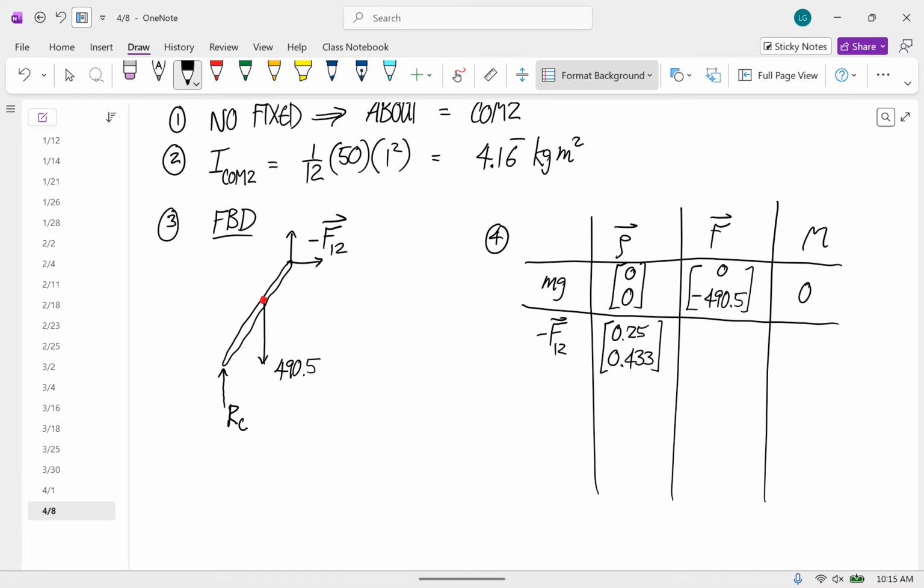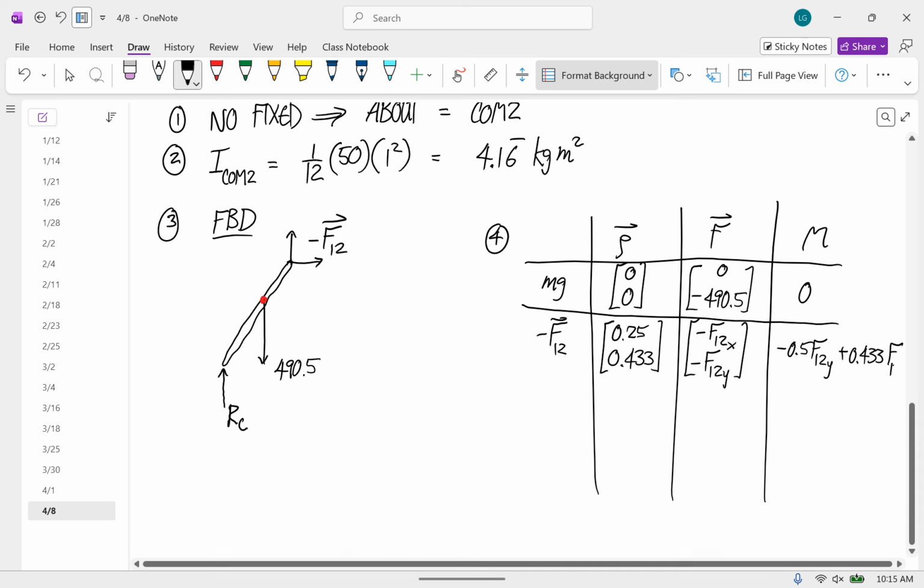The force vector is negative F12x, negative F12y. Cross product is negative 0.5 F12y plus 0.433 F12x.